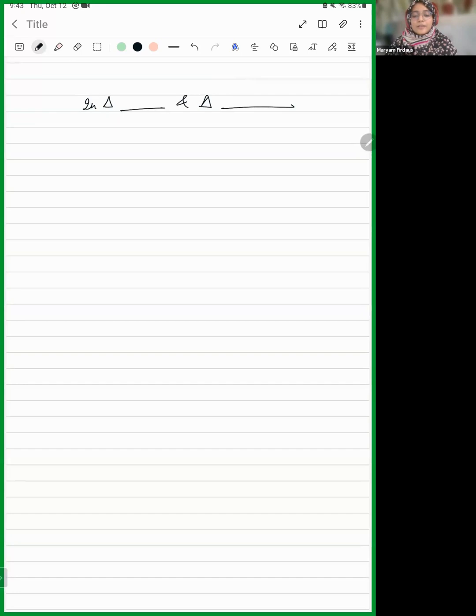So always write this in your answer. Is this clear? Yes, students? Yes, ma'am, it's clear. So when you prove two triangles congruent, always start with in triangle this and triangle this, then give the 3 points, and then write therefore. Don't write these two triangles are congruent. Write triangle this is congruent to triangle this by whatever, SAS, whatever it is.